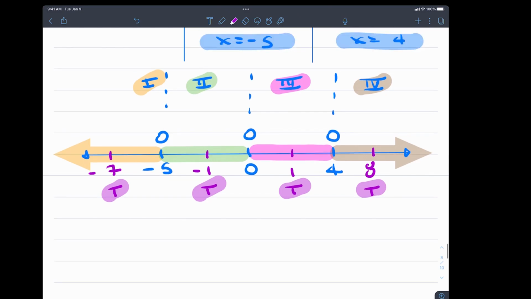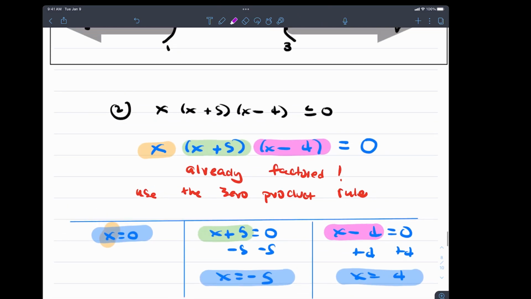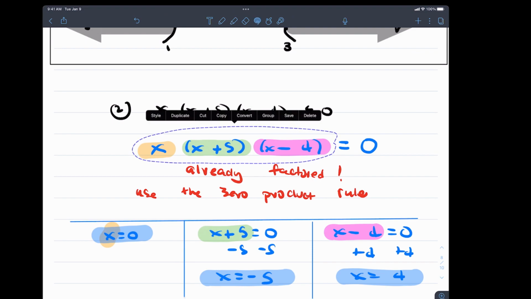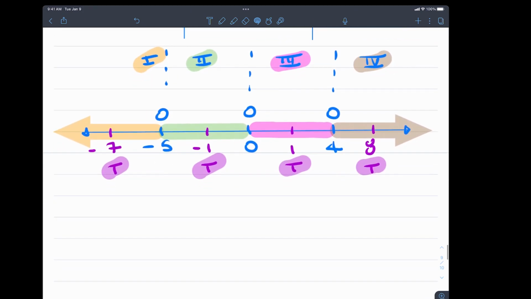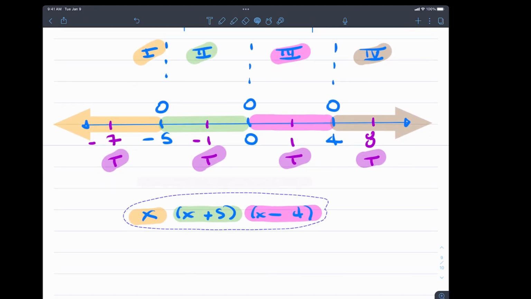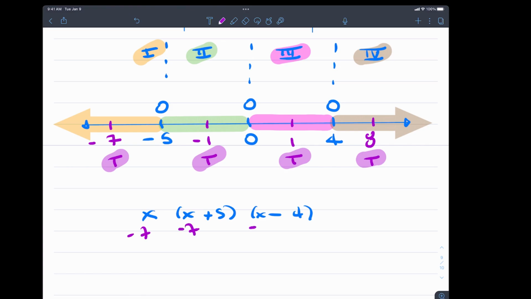So at this point now, ladies and gentlemen, go back here. You're going to take the product here. What do you plug in? Try -7 here. Right now, it's just some arithmetic.